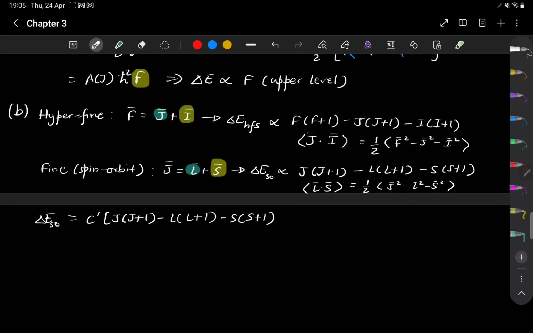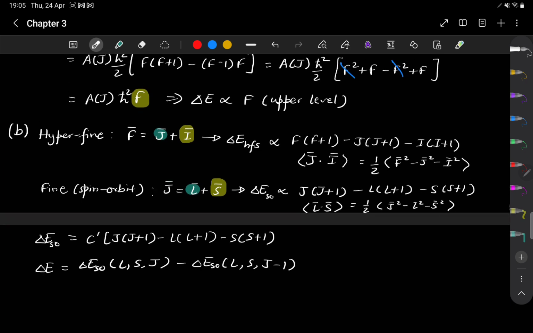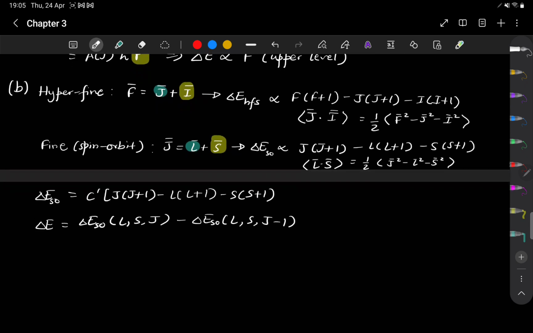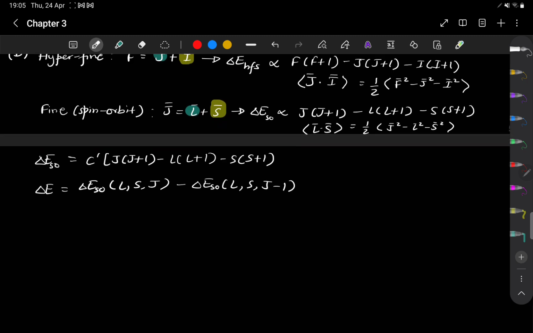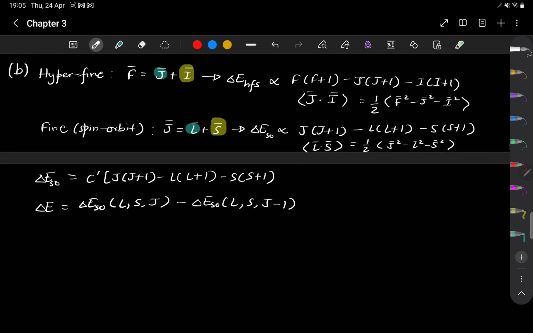And now we will look at the energy difference between adjacent levels, which will be the following. So L, S, J and then J minus 1. J is the higher level and J minus 1 is the lower level. Again, J takes integer values with step size of 1. So J and then the next value will be J minus 1. And J takes the value from mod of L minus S to mod of L plus S. Now once again, let's plug this in.